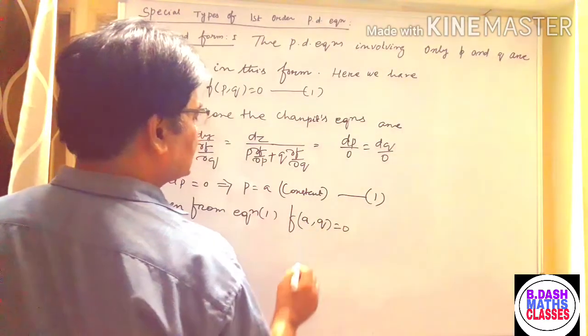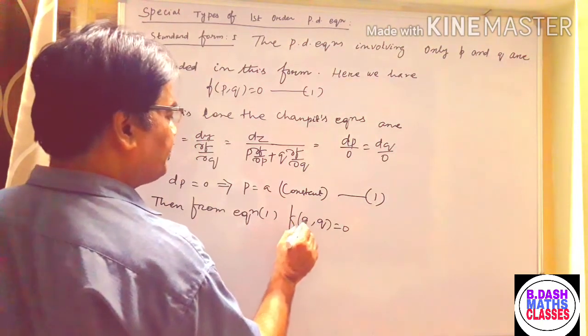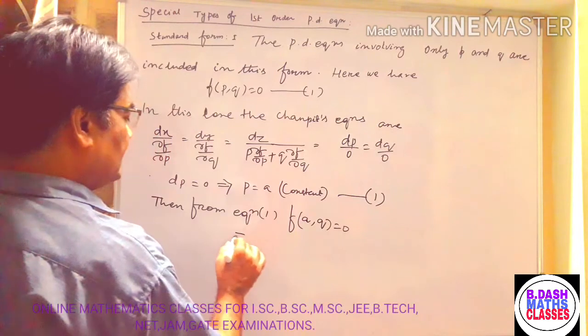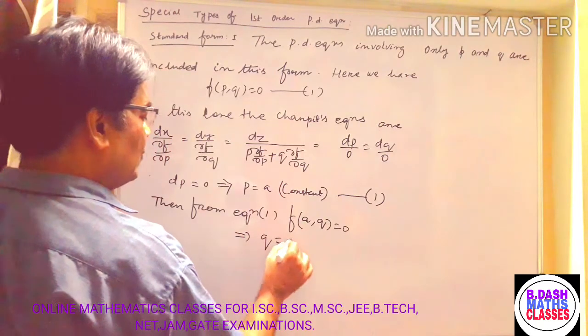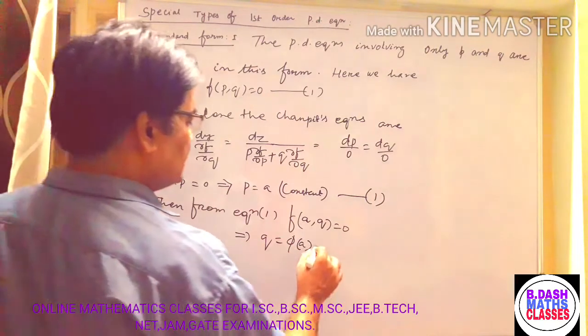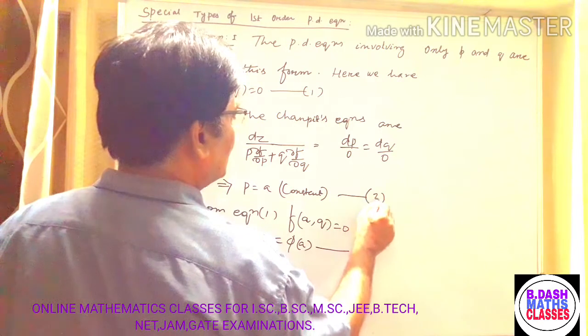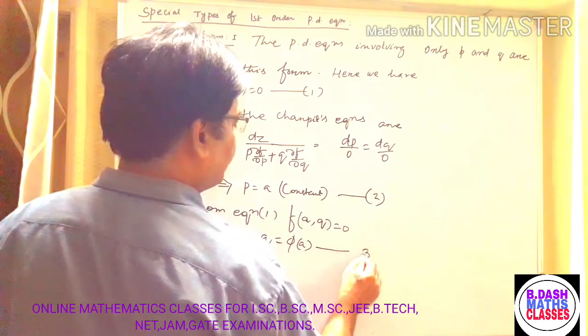That means there is an expression in which we are having a and q. This gives you q as an expression of a. So this is equation 2 and this is equation 3.